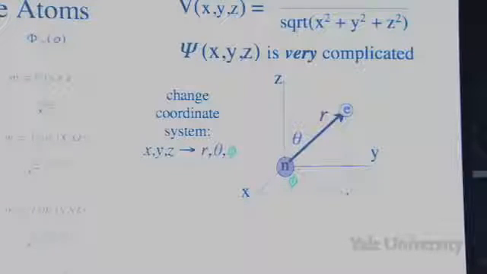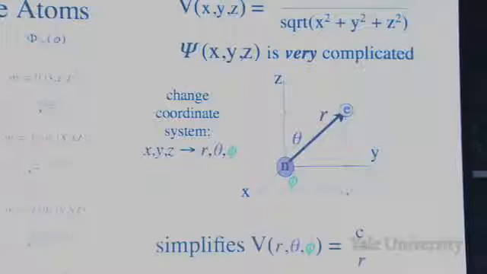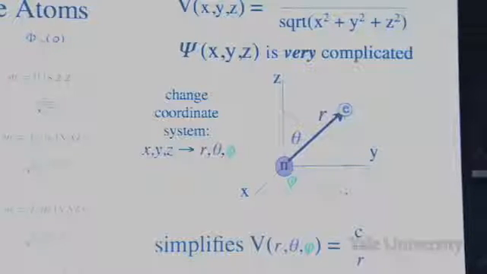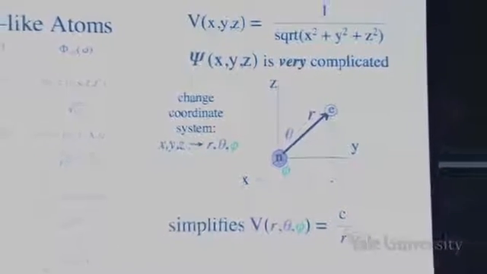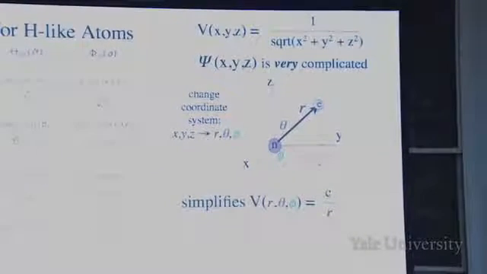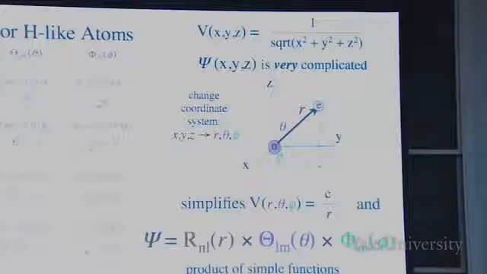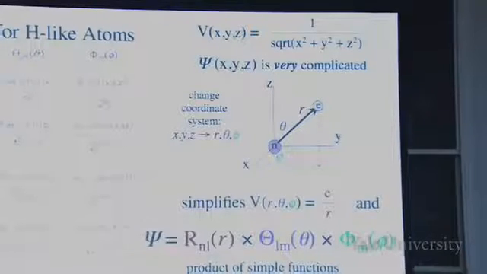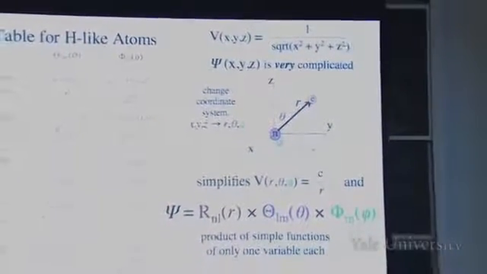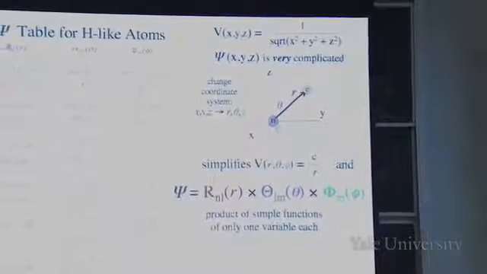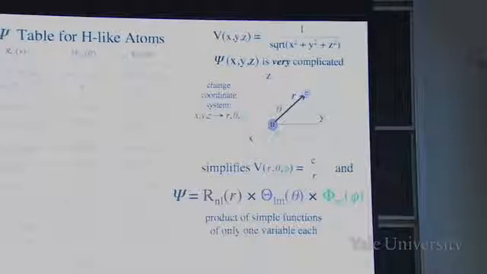Now, that simplifies the expression for potential enormously. Instead of being 1 over the square root of x squared plus y squared plus z squared, it's 1 over r, or some constant over r, okay? And what that means, and this is the mathematical payoff, is that the wave function can be written as a product of three functions, each of which is a function of only one variable.